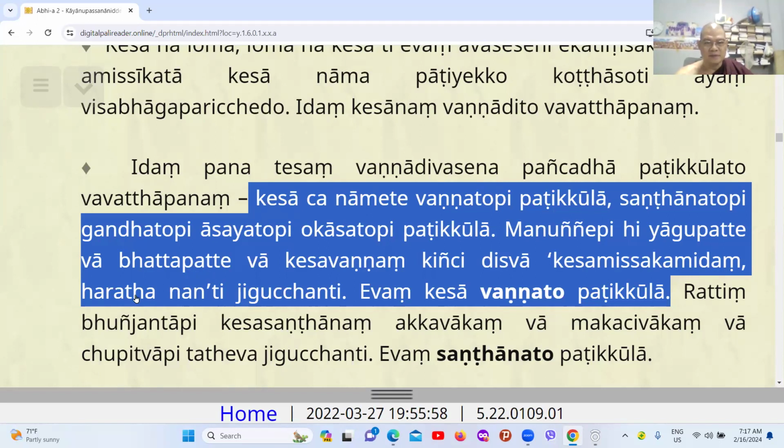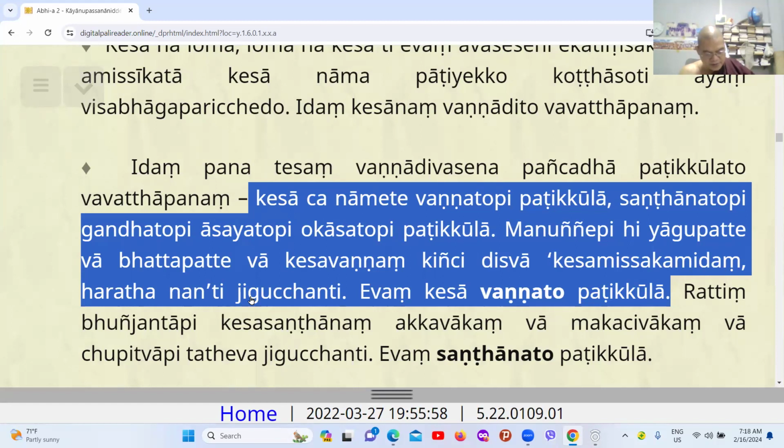Even though you like your hair, your head hair, you love it very much, when you see the head hair in your plate, you feel very disgusted. That's why you ask the others to remove it.